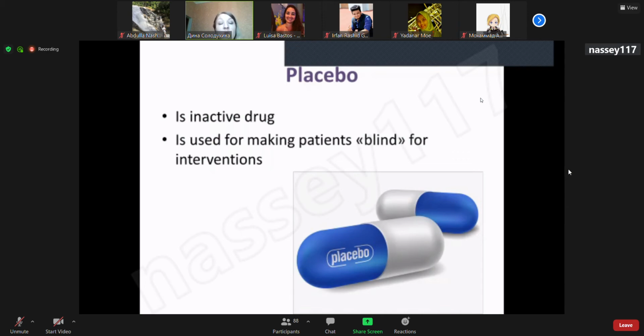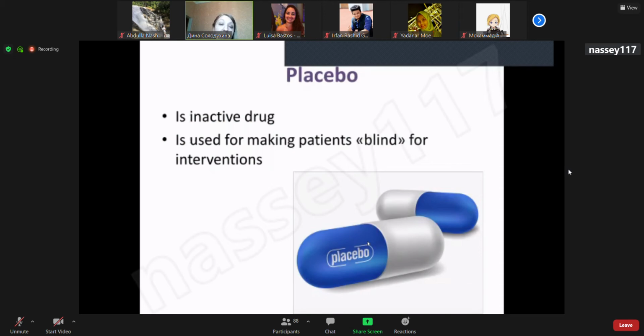And it has only one purpose, to make patients blind for interventions, in order for patients not to know which intervention they receive. And from psychological point, a placebo enables us to be very just, to be very honest, and to have minimum of probability for mistake.